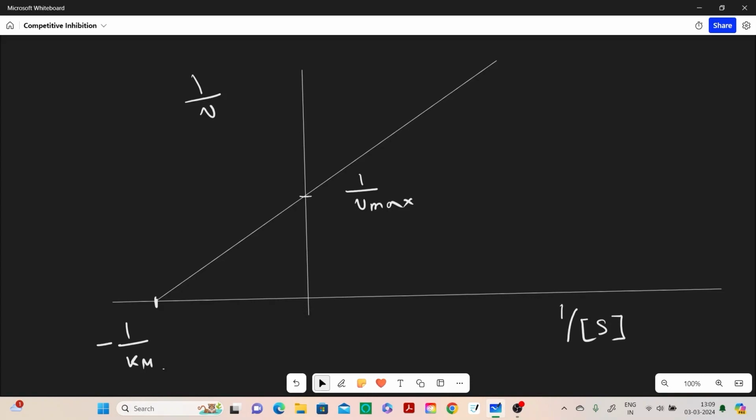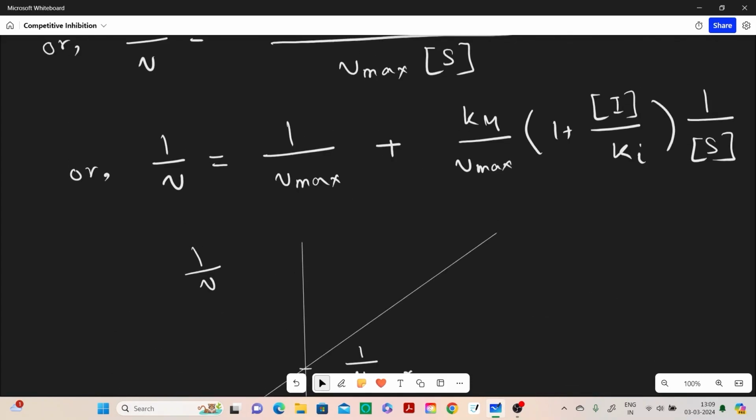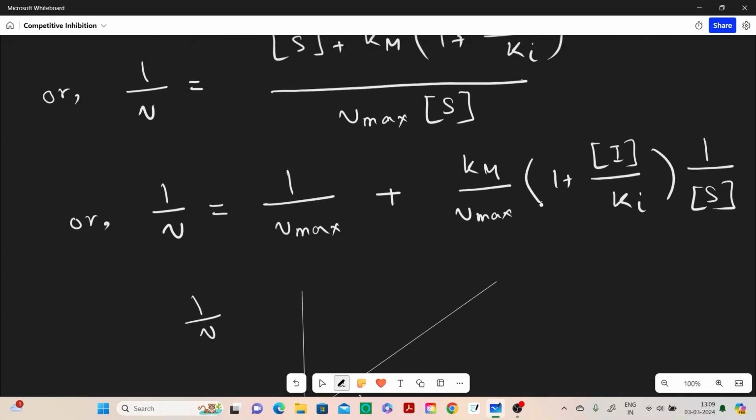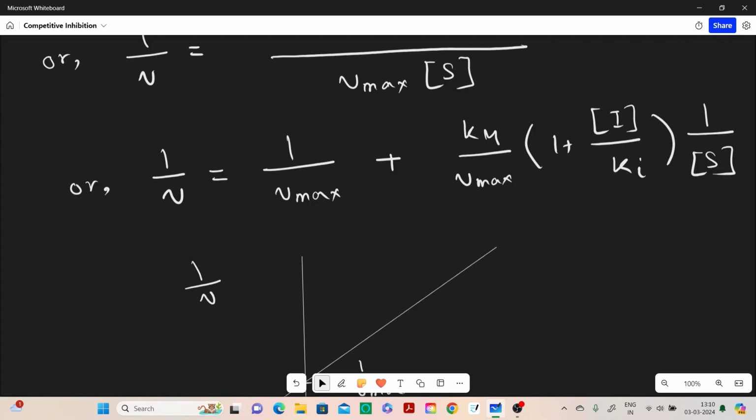Now from this equation, if you look at it, when 1 by S is 0, then 1 by V is equal to 1 by Vmax. So the y-intercept in competitive inhibition remains the same. And what happens in competitive inhibition is the Km value changes.